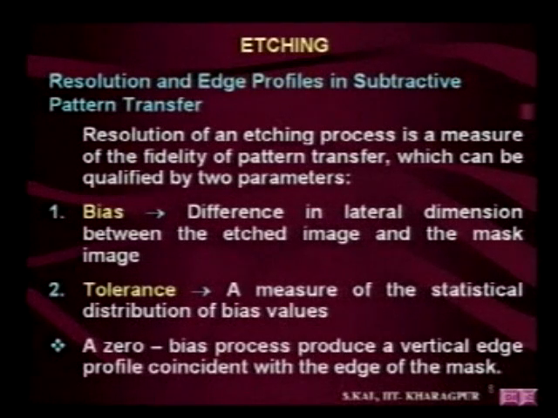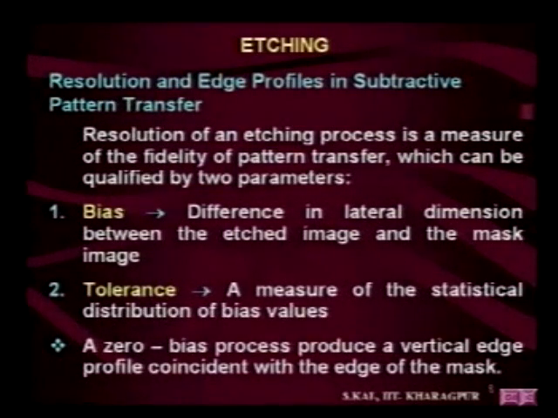A zero bias process produces a vertical edge profile coincident with the edge of the mask. What is that? It is coming from the bias definition: the difference in the lateral dimension between the etched image and the mask image. If the difference is 0, then bias is 0.